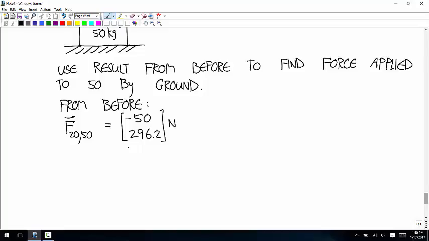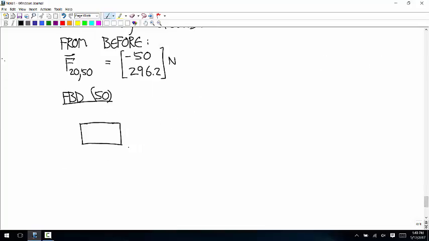So now let's do a free body diagram of the 50 kilogram box. And what do we know about the forces acting on this? Well, there's a weight of 50 times 9.81, so 490.5.